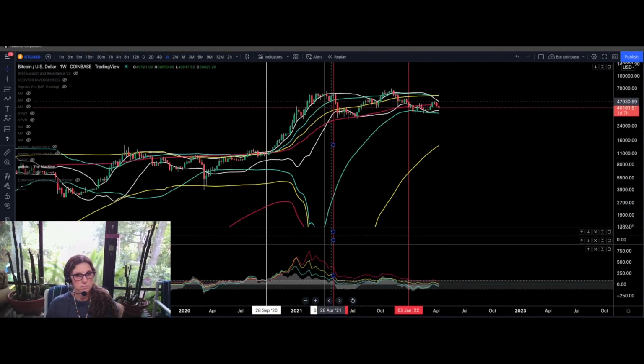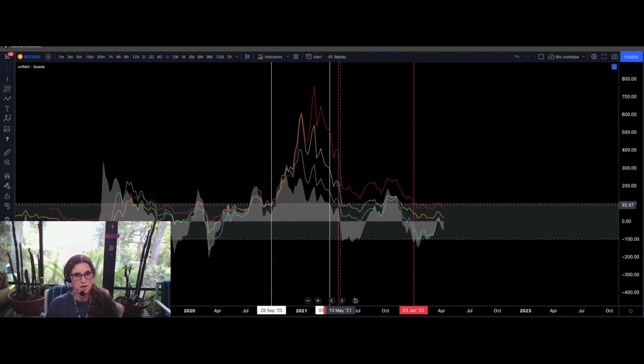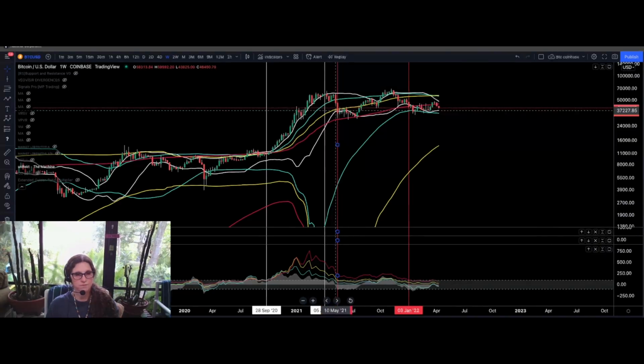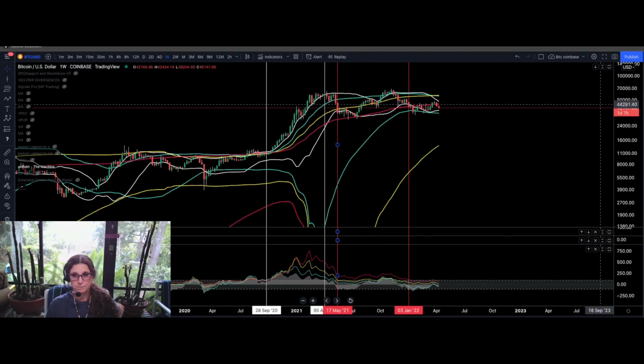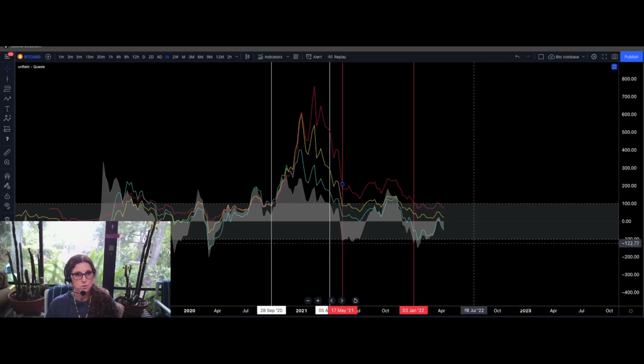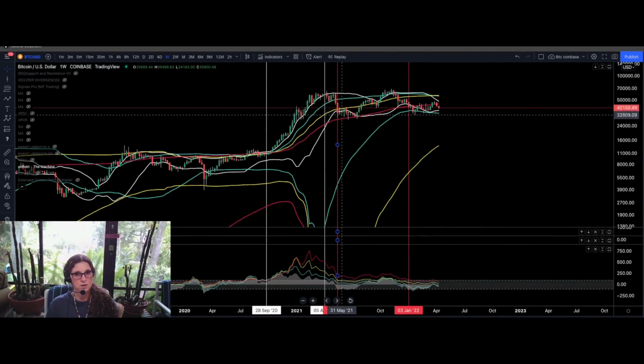Price is not allowed to come inside of yellow until yellow came inside the cage right here. And sure enough, this candle is allowed to come inside of yellow. But red was still out, which means price is not allowed to break red with a candle close.